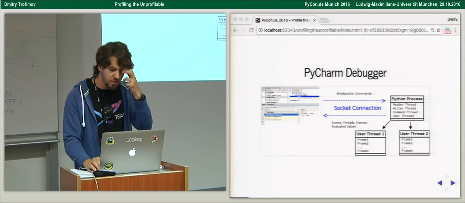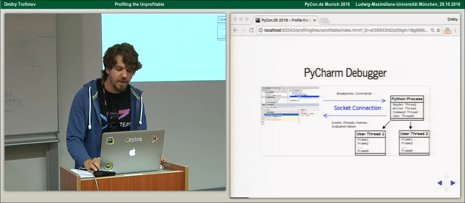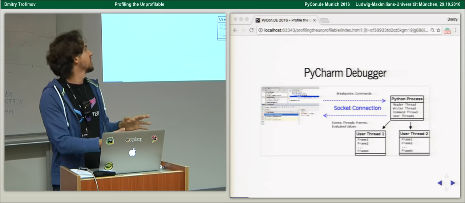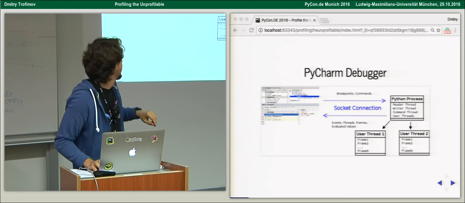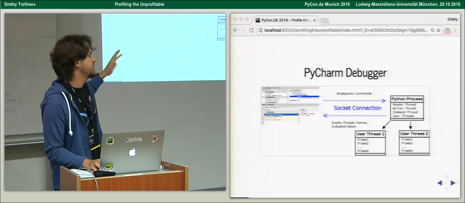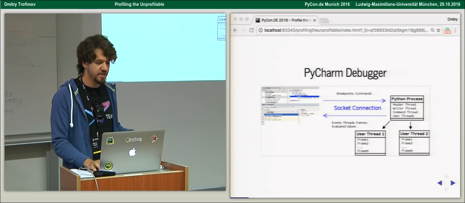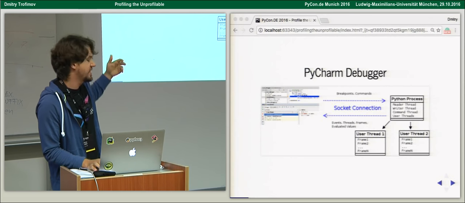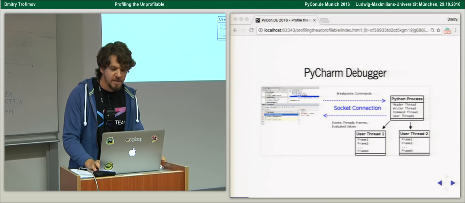The PyCharm debugger consists of two parts: the part on the IDE side, which is the visual part, and the part in the Python process. They communicate with each other. The visual part displays events and allows you to interact with the process being debugged, and the core part in the Python process generates events and handles breakpoints and so on.